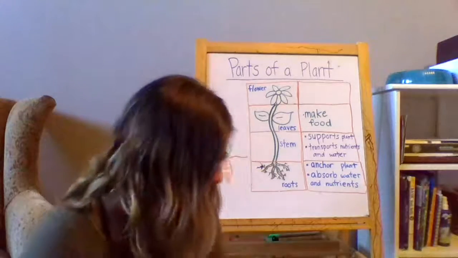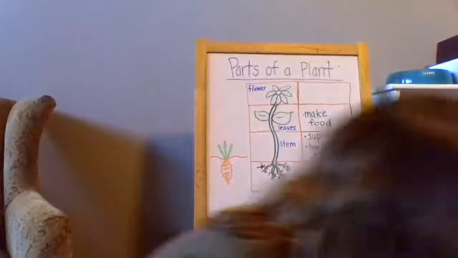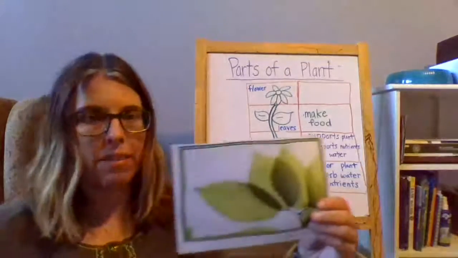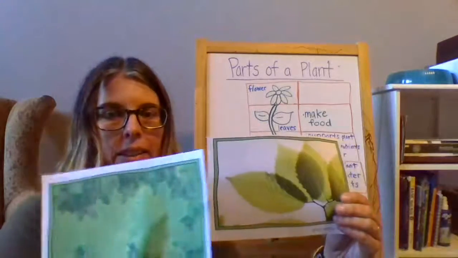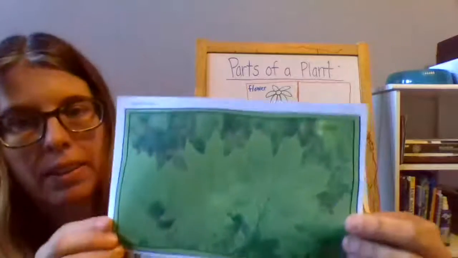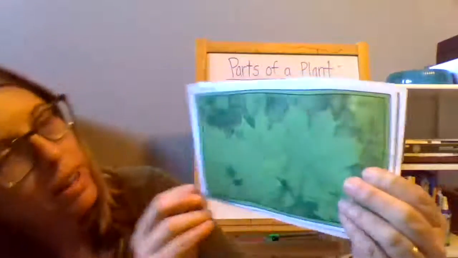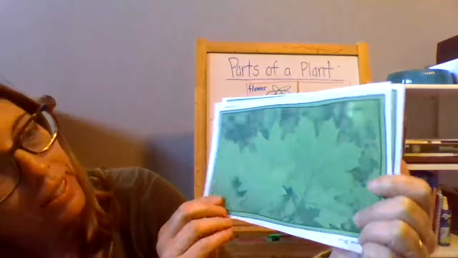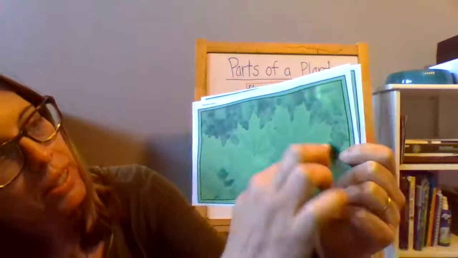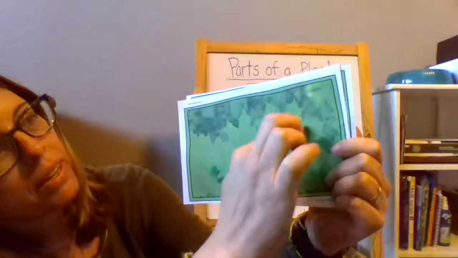And then let's finally look at this leaf and this leaf. You've probably seen leaves that look like this before. These are maple leaves. And you can see how they go out and in, and out and in.